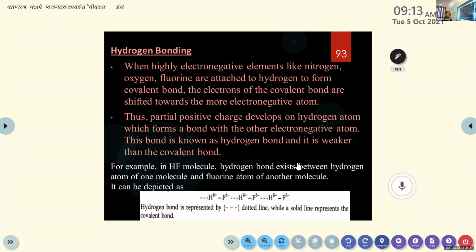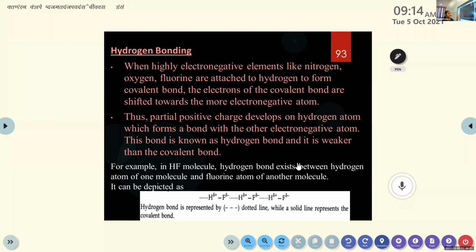Both atoms have equal right over the 2 electrons they are sharing. But these electronegative elements show a higher tendency to attract these electrons towards themselves.